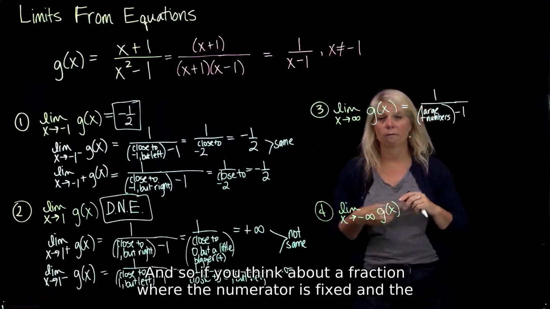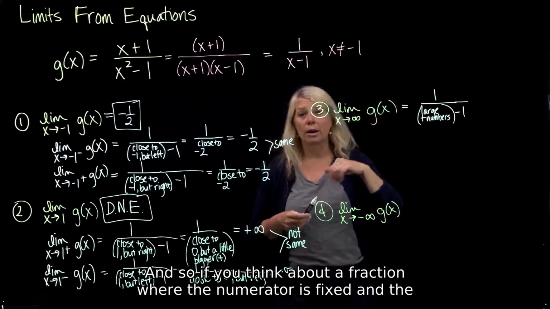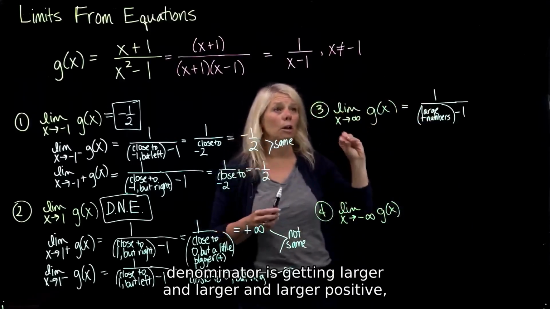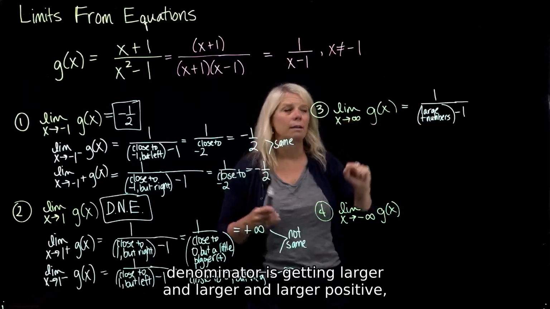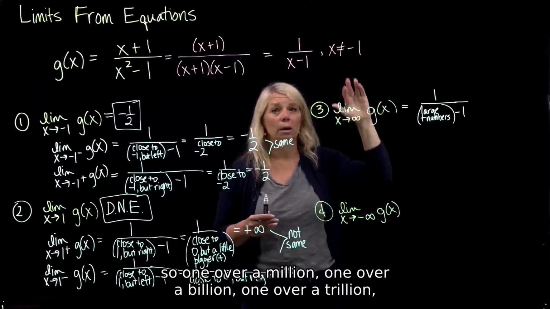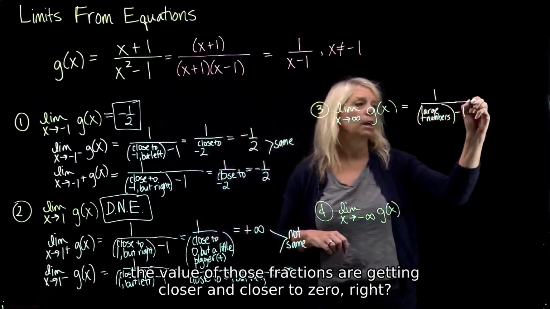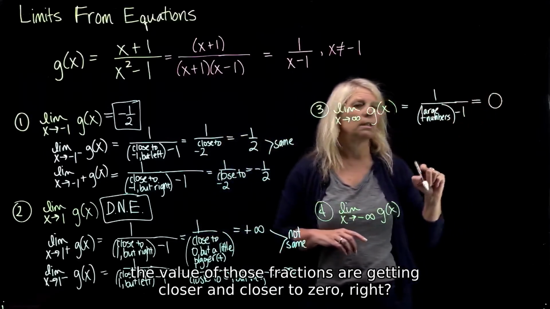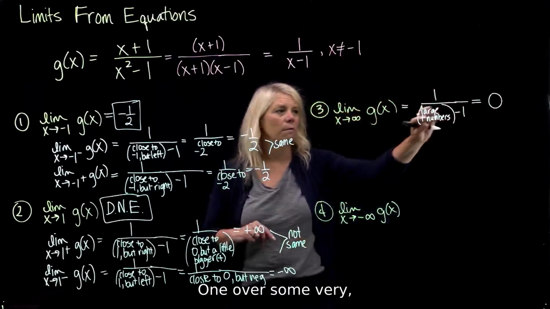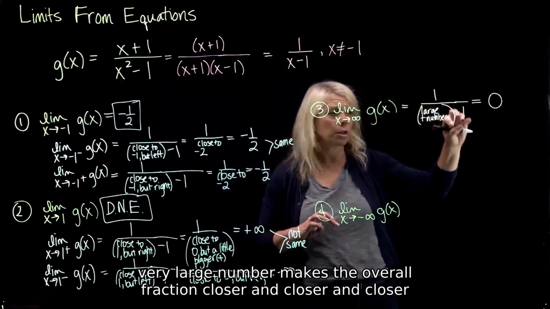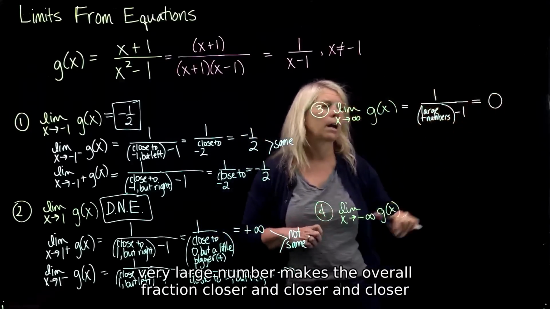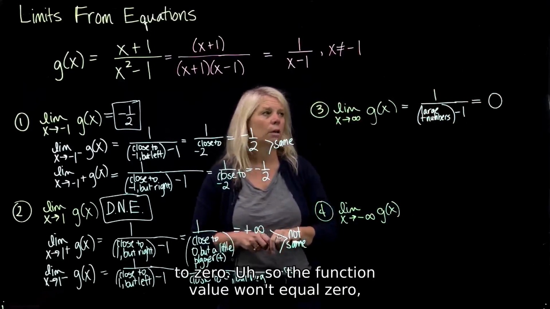And so if you think about a fraction where the numerator is fixed and the denominator is getting larger and larger and larger positive, so 1 over a million, 1 over a billion, 1 over a trillion, the values of those fractions are getting closer and closer to 0. Right? 1 over some very large number makes the overall fraction closer and closer to 0.